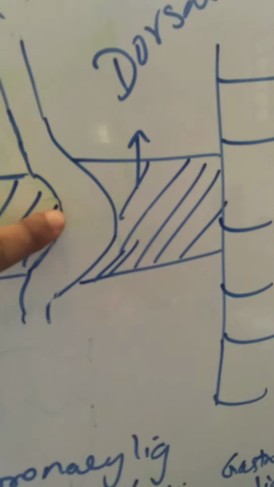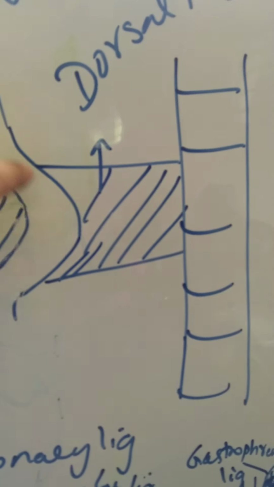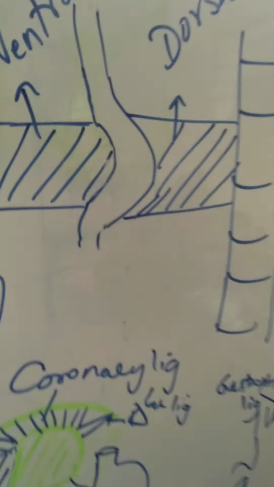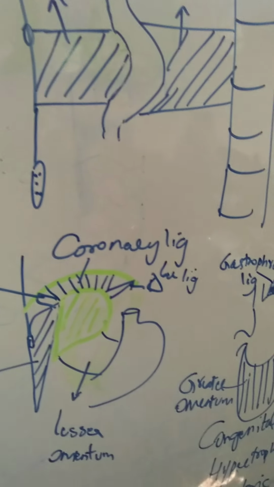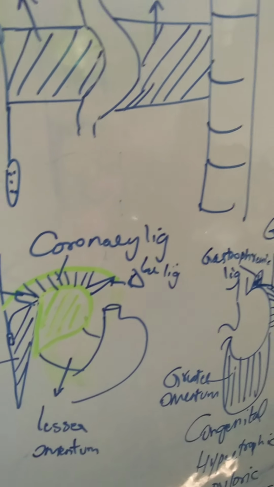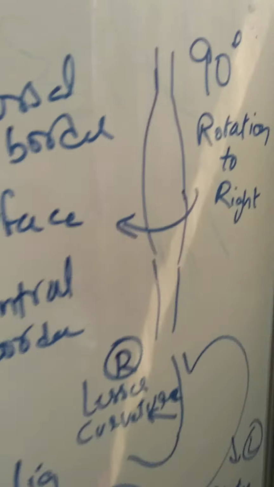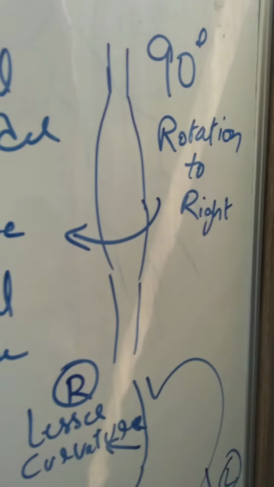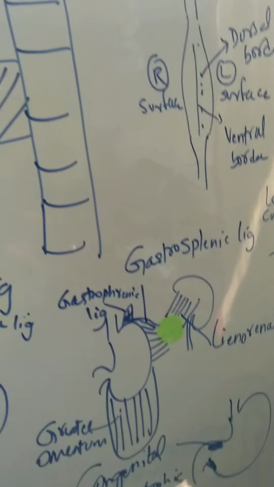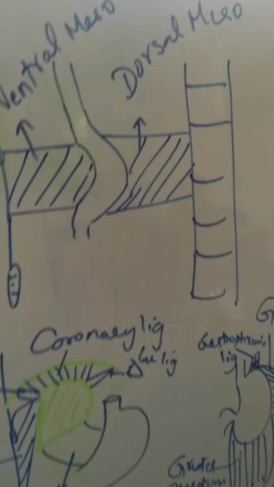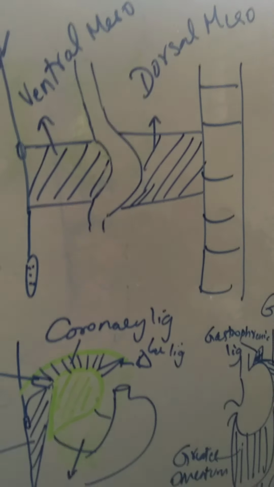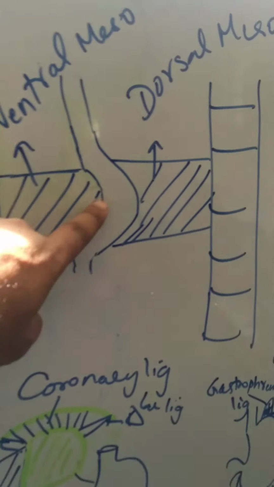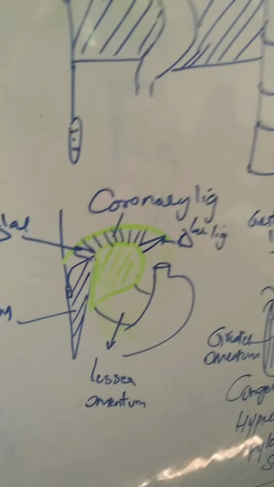The ventral border of the stomach won't grow that much, whereas the dorsal border will grow rapidly. So all this contributes to the 90-degree rotation of the stomach to the right. One is the liver, second is the tractional force by the omentum, and third is the differential growth rate of the stomach wall.